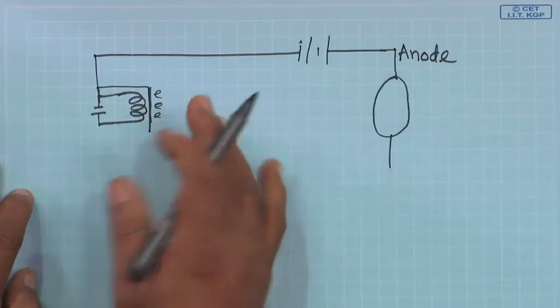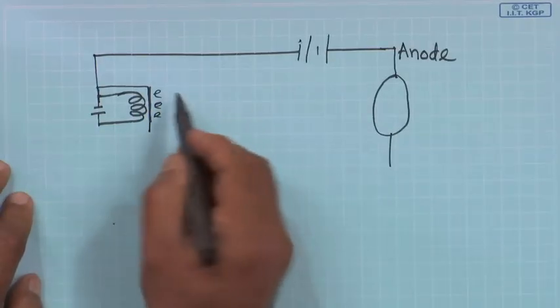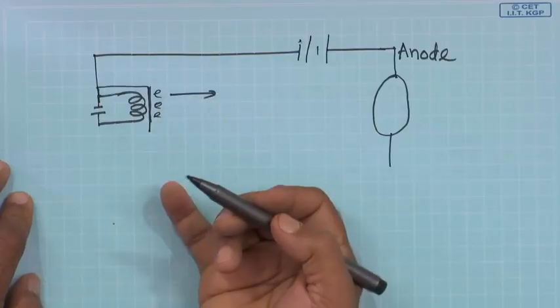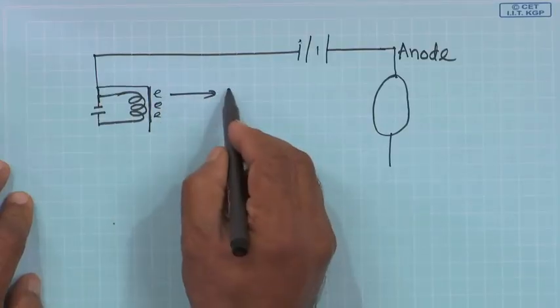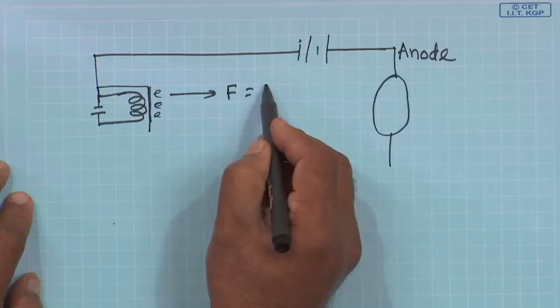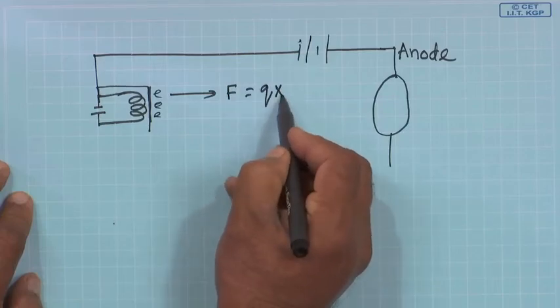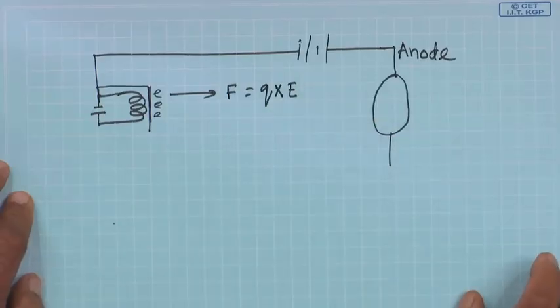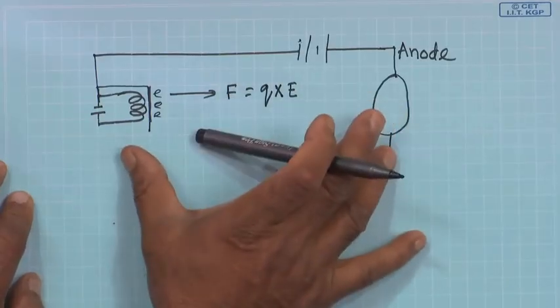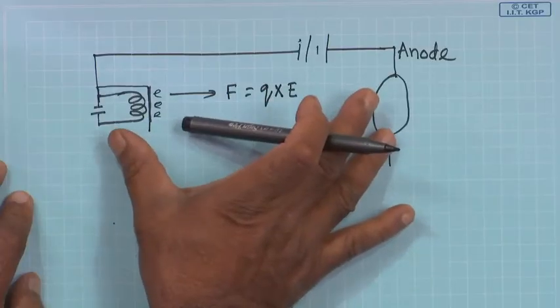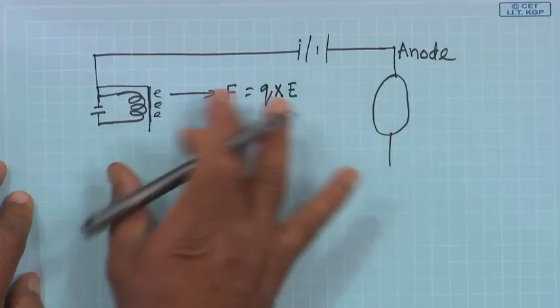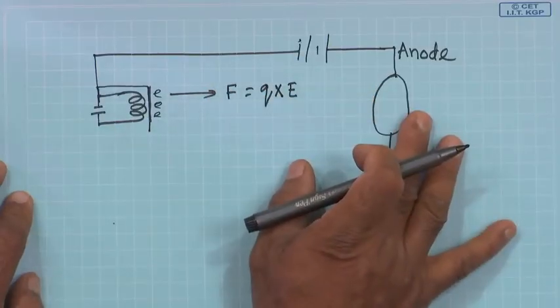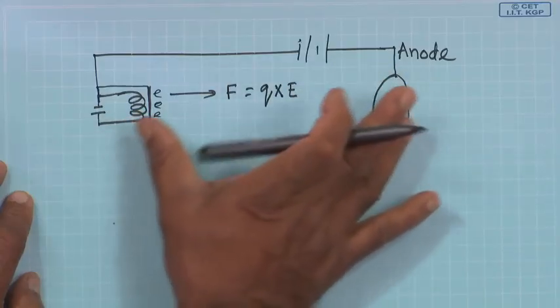Why? Because these electrons experience the Lorentz force due to the electric field. That force is Q times the electric field. Here we have applied voltage, so an electric field will be generated along this direction, and this electric field is the voltage divided by this distance.